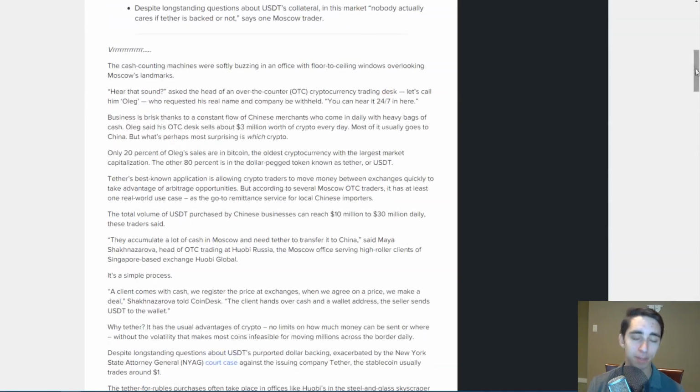It's fascinating. So they basically talk about the things that people have already pretty much known at heart, and that's the fact that people who want to launder money, especially dealing in business with dollars, are going to want to use something like Tether. The reason is that they like the fact that it's pegged to the US dollar.